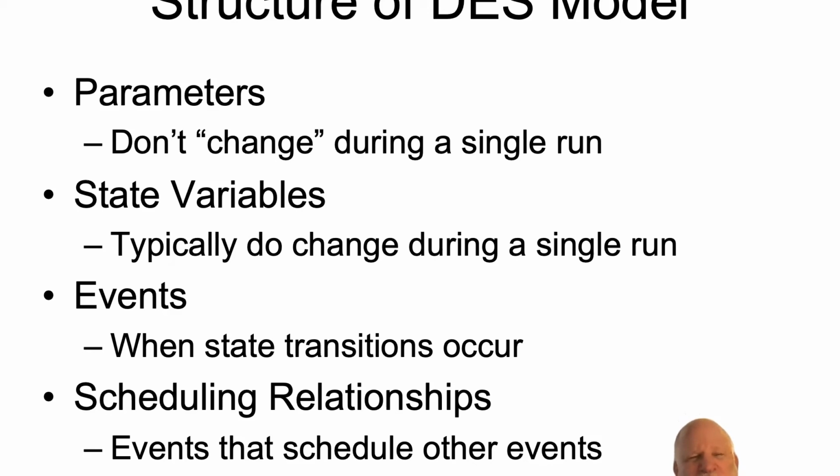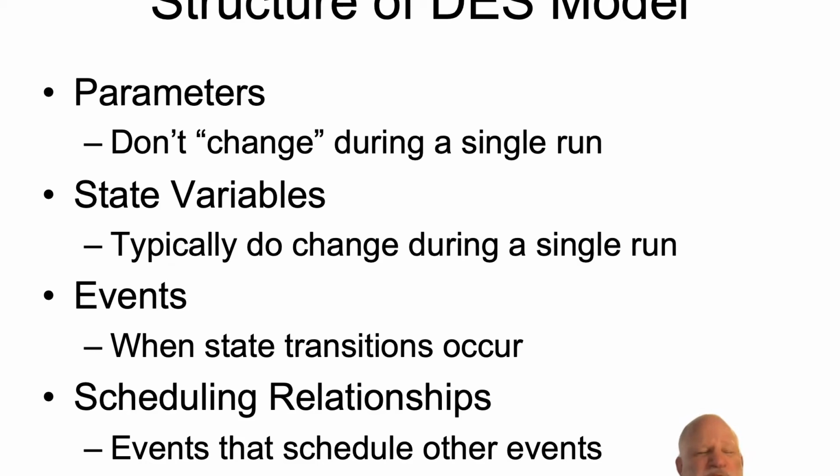Strictly speaking, a parameter is a variable in the model that never changes during a single run. We'll see examples of that. But a state variable is what does change, and those state variables are what we are interested in. Parameters are what help make it go. So for example, for our missile, one of the parameters might be its ground speed once it's launched.